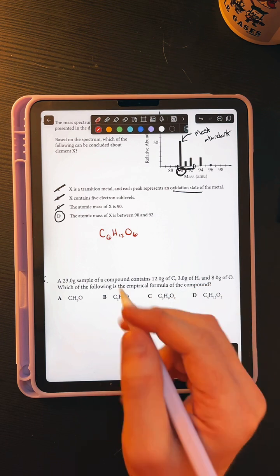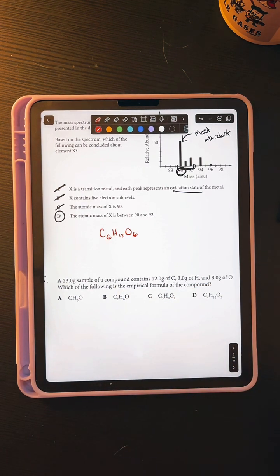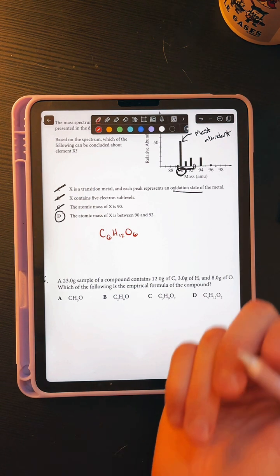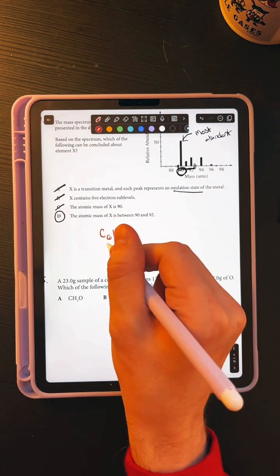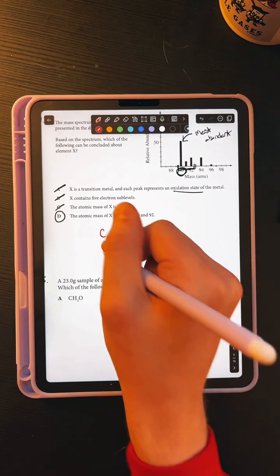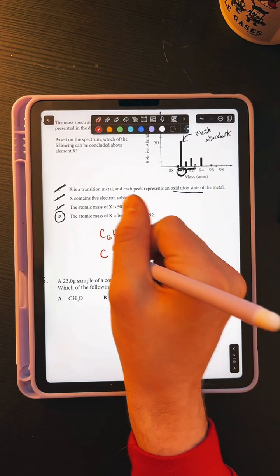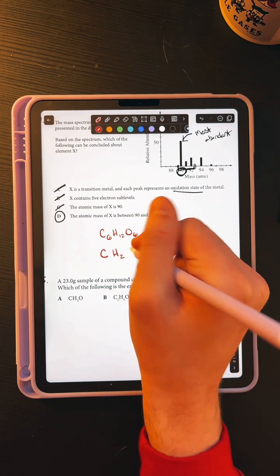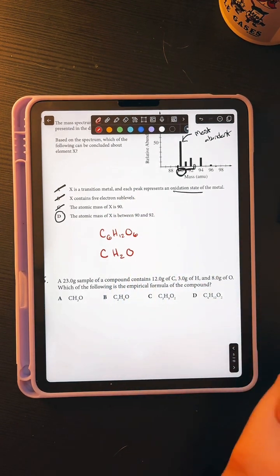An empirical formula just tells us the simplest ratio. It is the simplest form. So if we were to divide our numbers here by 6, for instance, we would have 1 carbon, 2 hydrogens, and 1 oxygen.